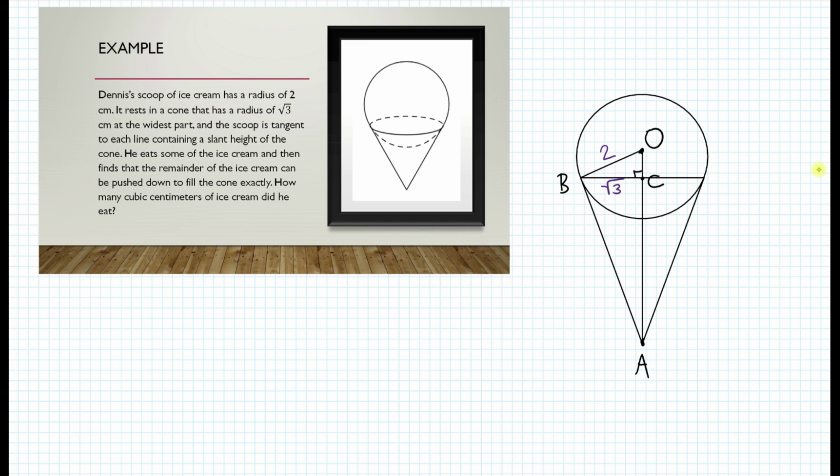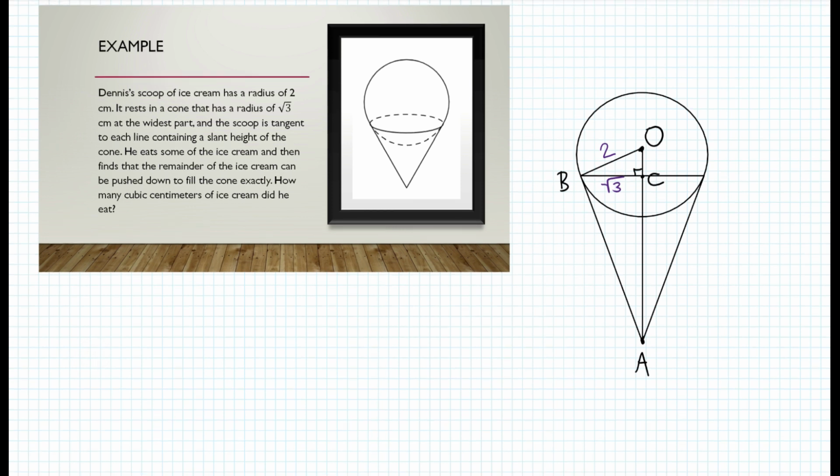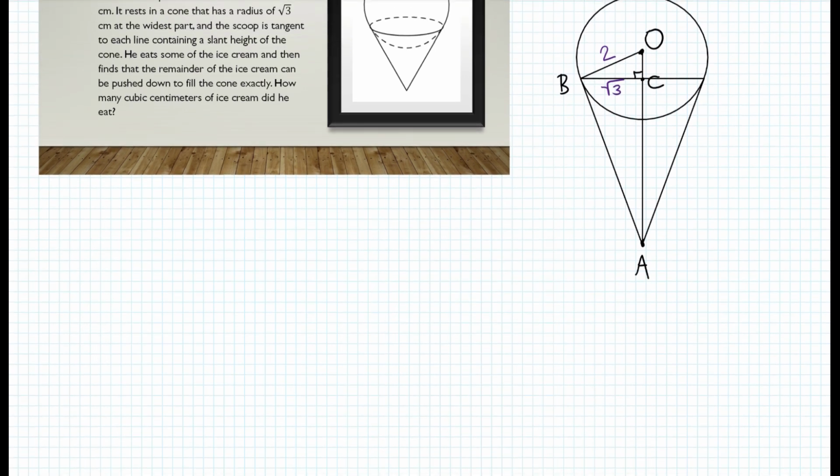Okay, so you can already see here that we can do certain things. We can, for example, figure out the distance from O to C, and then later we'll see how we can apply that. So here, let's say we want to find OC. Now we're dealing with right triangle BOC.